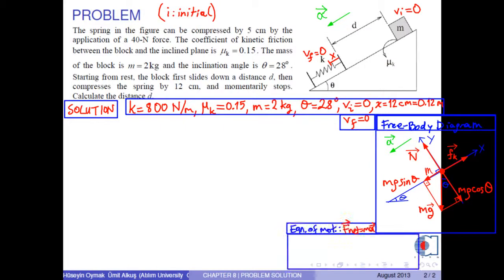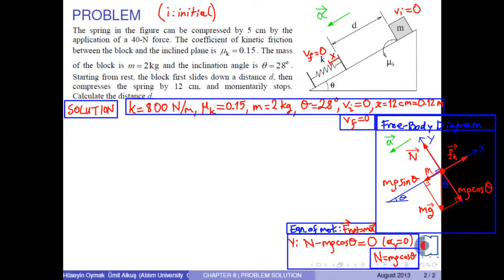Now we write the equation of motion by the help of Newton's second law, F net equals ma. Since there is no motion along the y-axis, we have N minus m times g times cosine theta equal to 0, because acceleration along the y-axis is 0. From this, we obtain an expression for the normal force as N equals m times g times cosine theta.